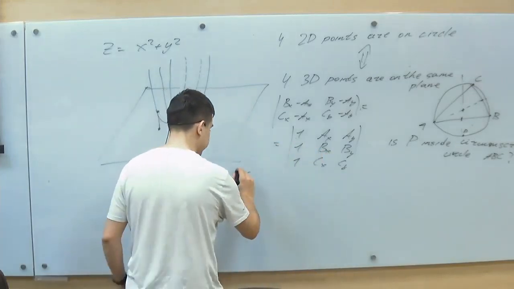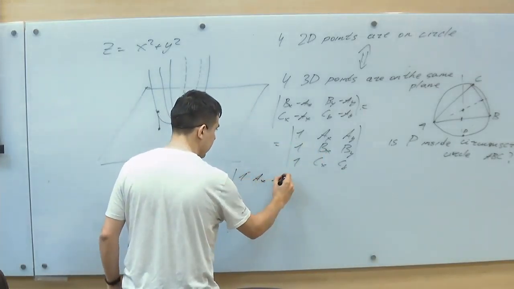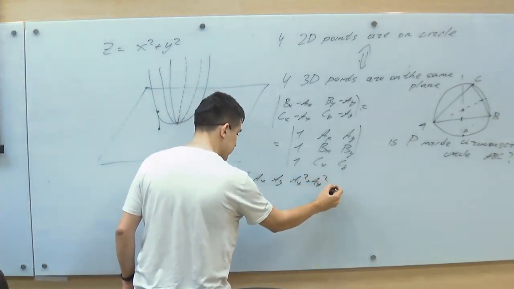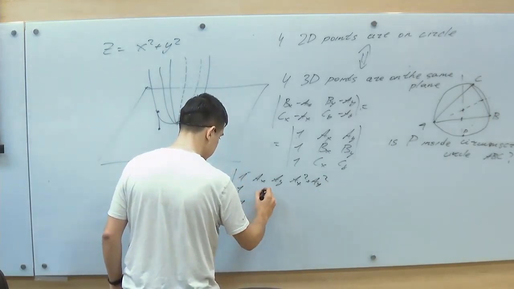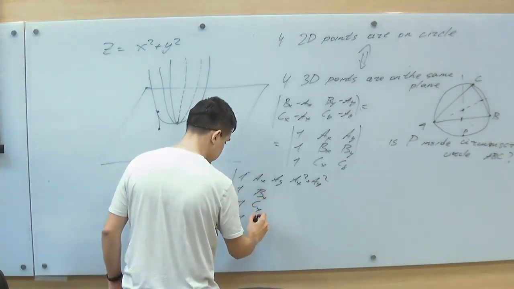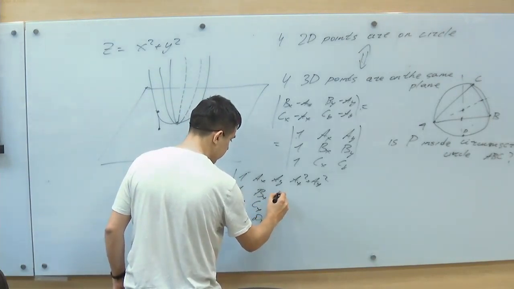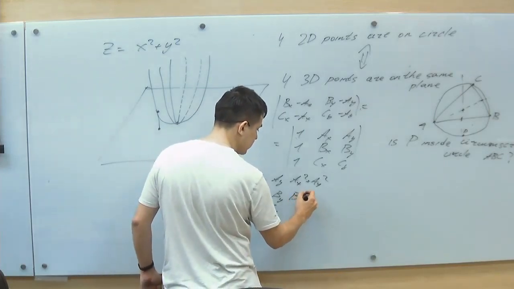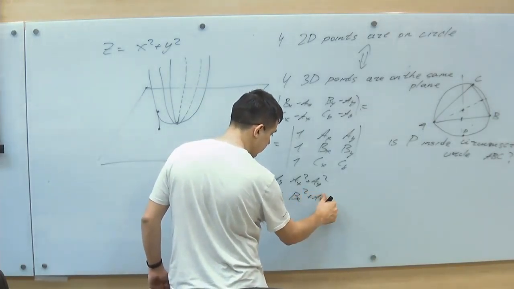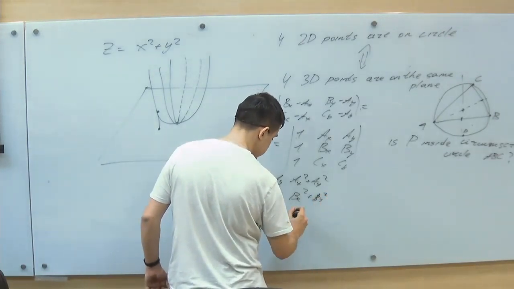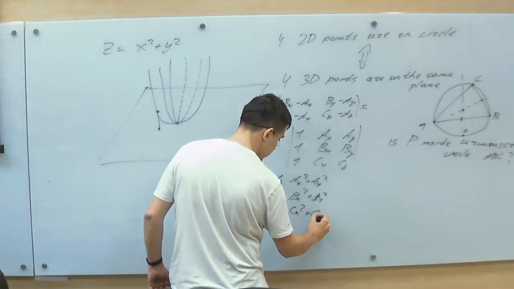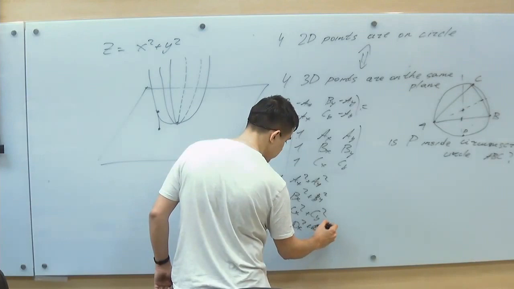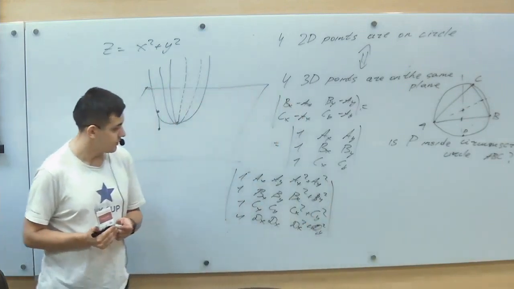So we will check the determinant with rows 1, ax, ay, ax squared plus ay squared; 1, bx, by, bx squared plus by squared; 1, cx, cy, cx squared plus cy squared; and 1, dx, dy, dx squared plus dy squared.